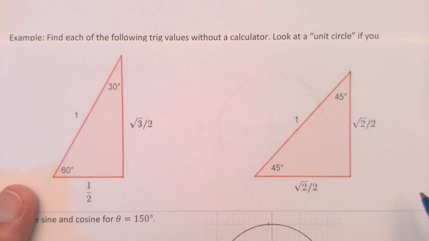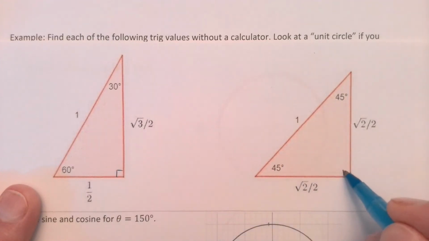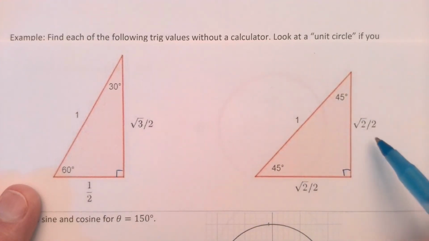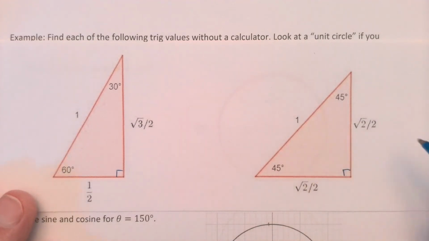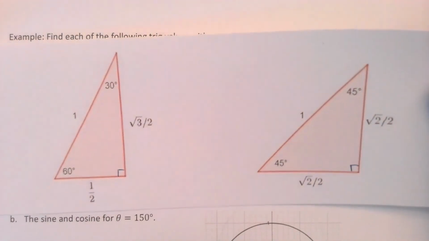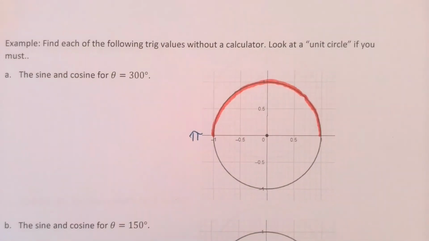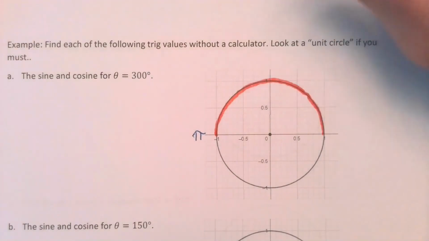And then an easier one, I think, is the isosceles 45, 45, 90 right triangle. Isosceles means what? These legs are the same. Yeah, they're both root 2 over 2. And we can show you how this is developed with the Pythagorean theorem at some other time. Memorize these and memorize that, and you don't have to memorize anything else. And that's what I'm about to show you right now.